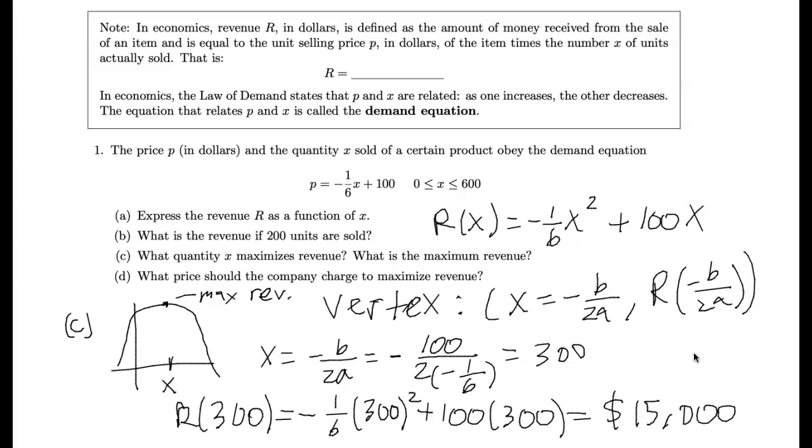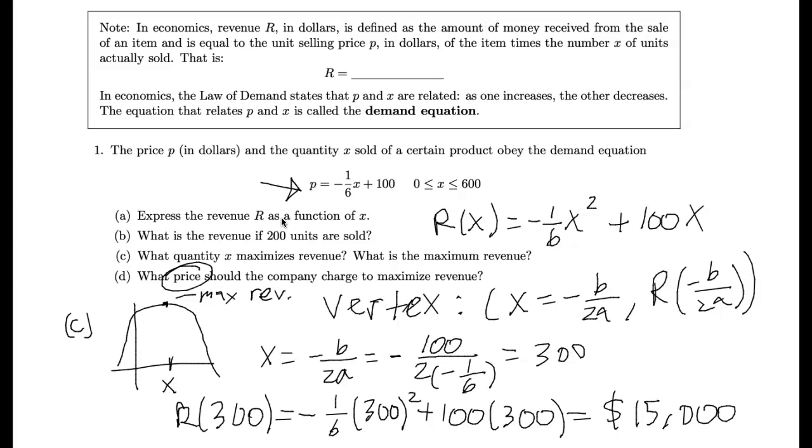We want to know what price the company should charge to maximize revenue. It's confusing because you have the revenue equation and we kind of forgot about the price. We just found X and revenue. So the thing to look at in part D is that it's asking for the price. This is the equation for my price to determine how much I should sell the product for.